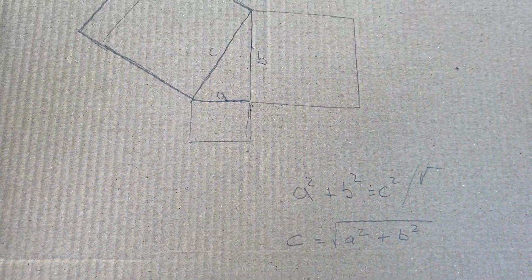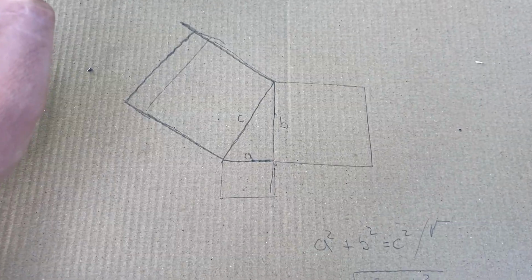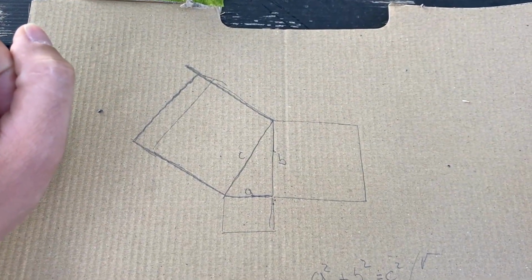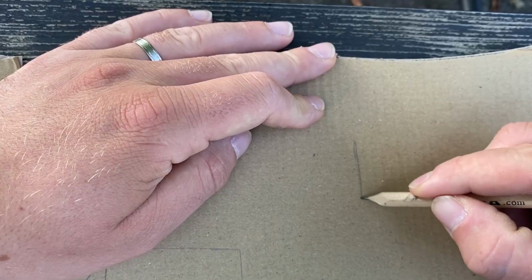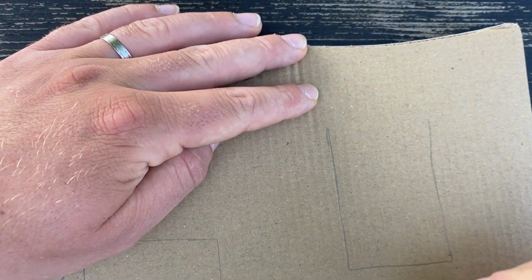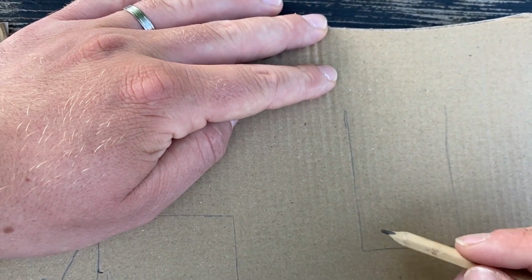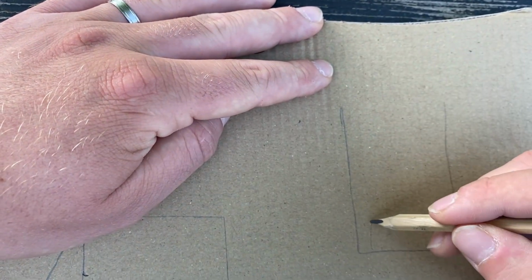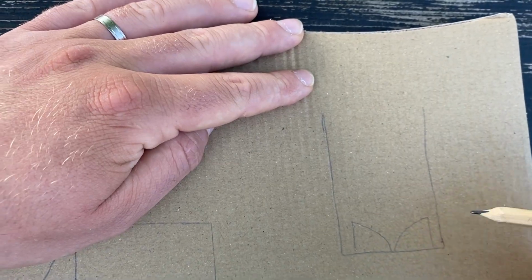So why is this important? Well, because I'm making a foundation for my garage, and I determined I want my shorter side, which is the entrance to the garage, let's draw this. There will be doors.